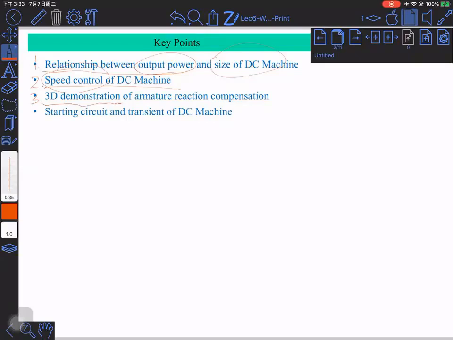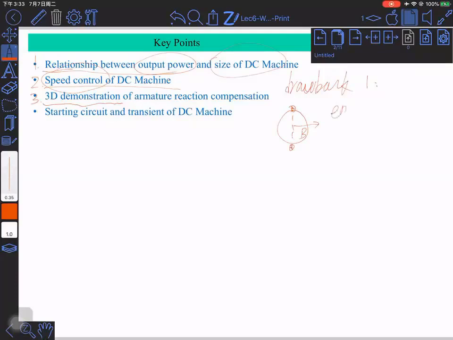If you remember, previously we mentioned armature reaction, and there's one drawback of the armature reaction, as we mentioned before. It's called drawback 1. Because of the armature reaction, we have a distorted magnetic field. So when your rotor rotates to this position where the two current carrying conductors are in a vertical surface that is perpendicular to the magnetic flux, because of the presence of the armature reaction, at those 2 points, the flux density is not zero.